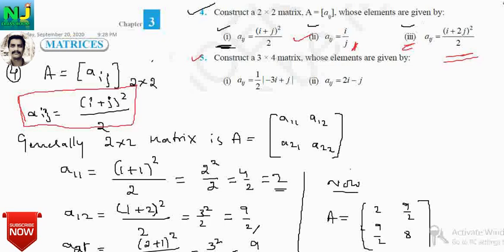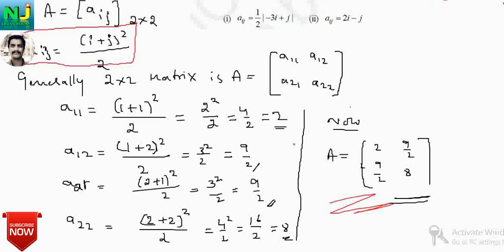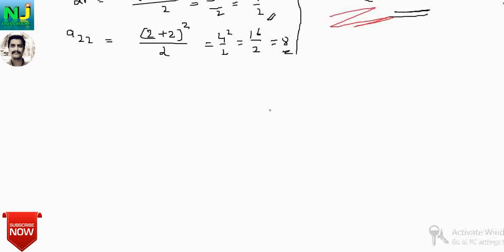So now we go for the 3 cross 4 matrix. We have to construct a matrix which consists of 3 rows and 4 columns. How many rows and columns are there?